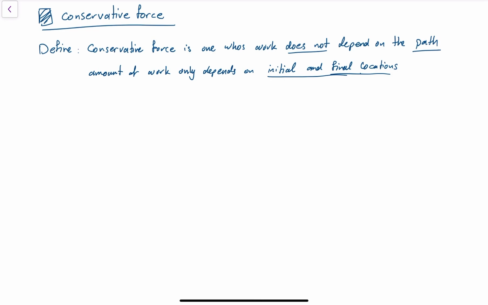So if a force has this property, we call that a conservative force. We will see quickly why, but let me give you some examples. Maybe it's easier to start with a non-conservative force. Imagine on a 2D plane, I'm looking from the top, for instance.